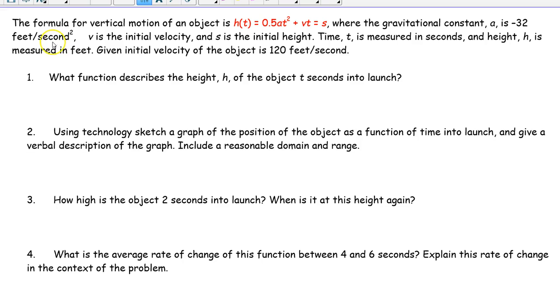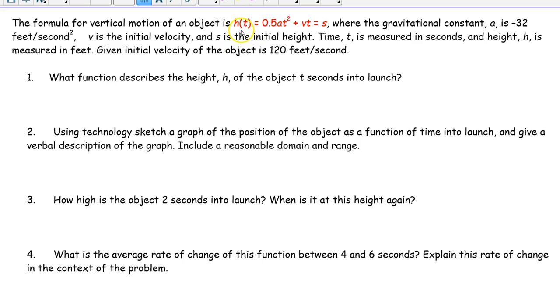See, the acceleration is measured in units per second square; here it is feet per second square. And the velocity v is the initial velocity, that is the starting velocity, measured in feet per second, and s is the initial height.